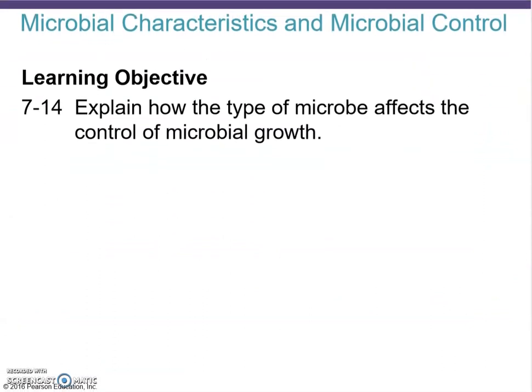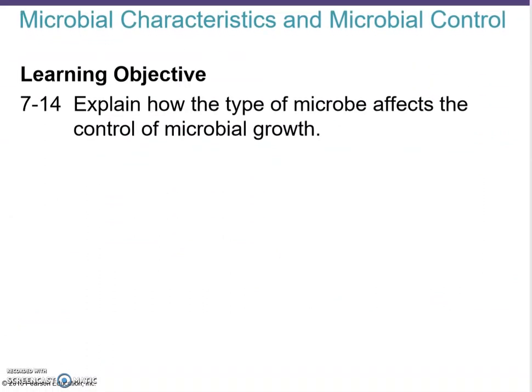And here finally, this lecture should have given you a little bit of an idea of what type of antimicrobial substances are out there. And something to always consider is what antimicrobial you might want to use, because the type of microbe that is affected by the different types of agents is different.